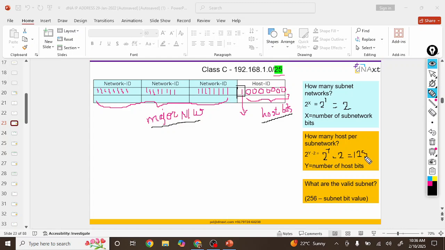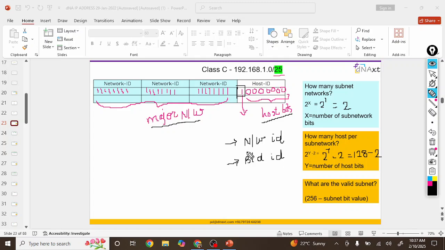Why are we subtracting 2 from it? For each subnetwork we will get 128 IP addresses. Out of those 128 IP addresses, one will always be your network ID and another will be the broadcast ID.